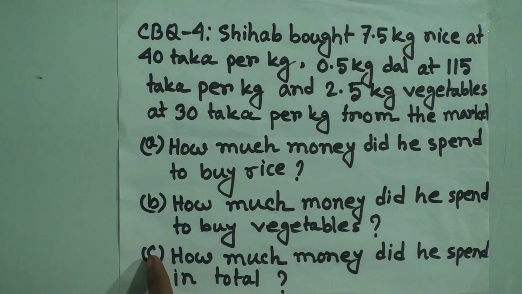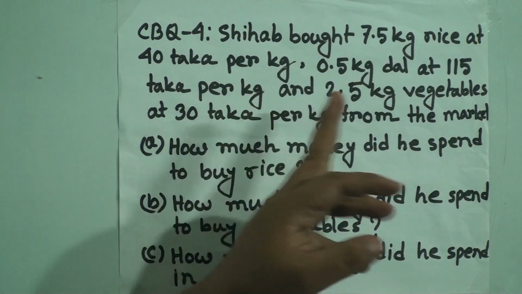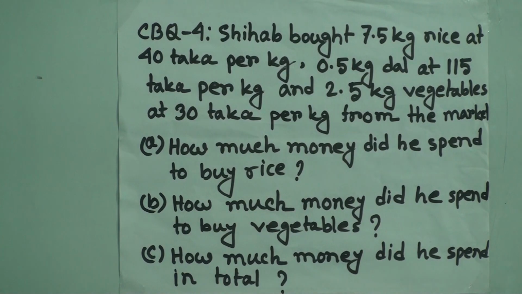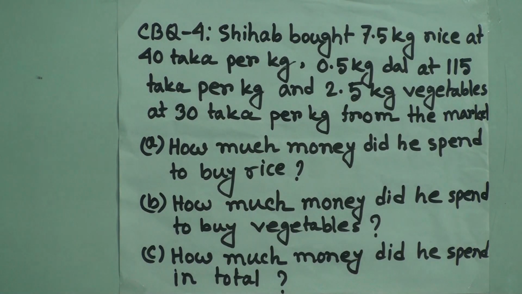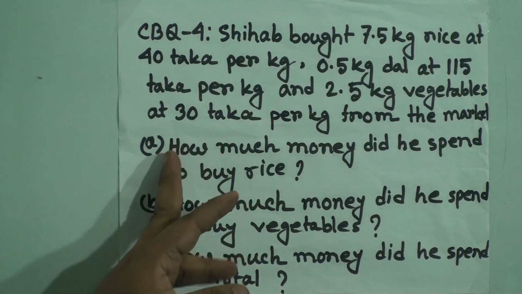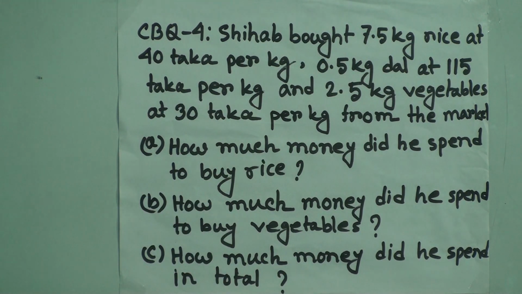Dear students, question number C. How much money did he spend in total? My dear students, he bought 3 articles from the market: rice, dal and vegetables. For buying 7.5 kg rice he needs some money which is found in question number A, and from question number B we have already found the price of 2.5 kg vegetables.